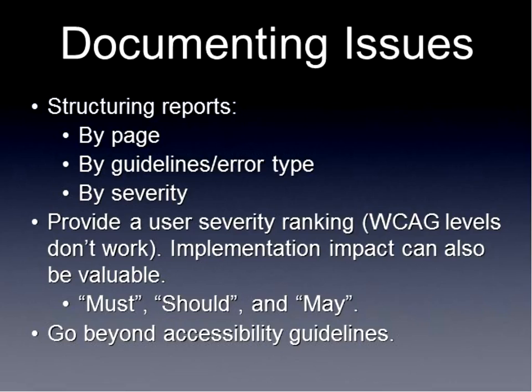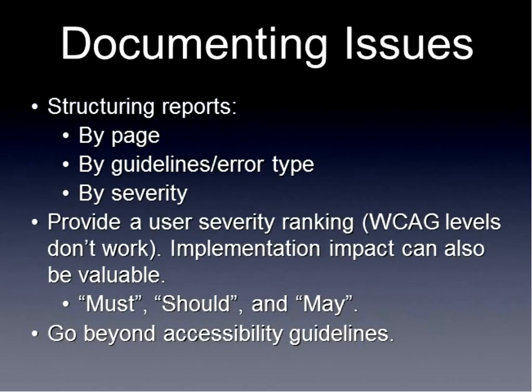So these are all of the instances of missing alternative text. You could also do it by severity. These are the highest severity issues. These ones have less of an impact. So a lot of flexibility there on how you structure a report. And WebAIM does all of these just depending on the best match for the site we're evaluating.